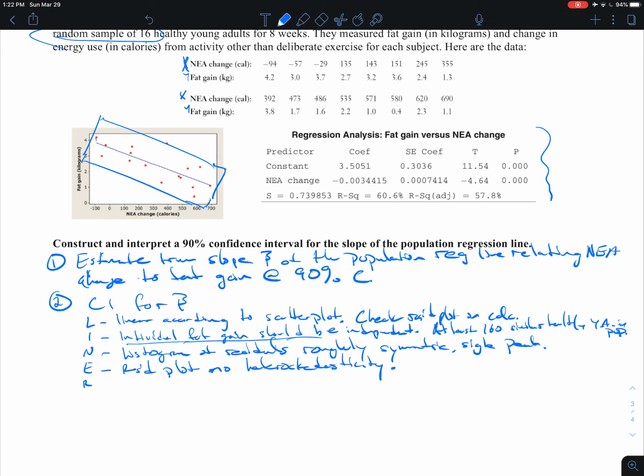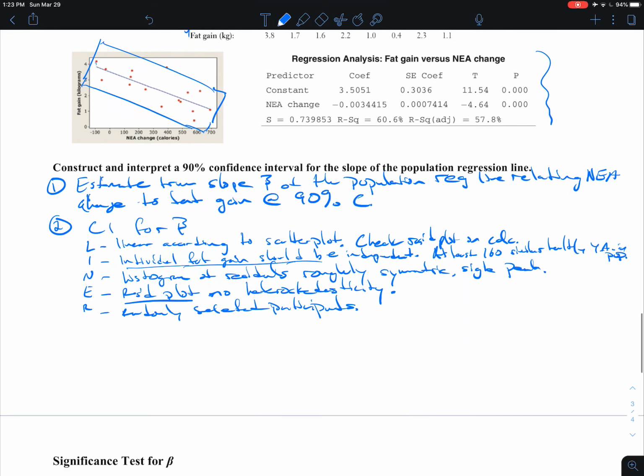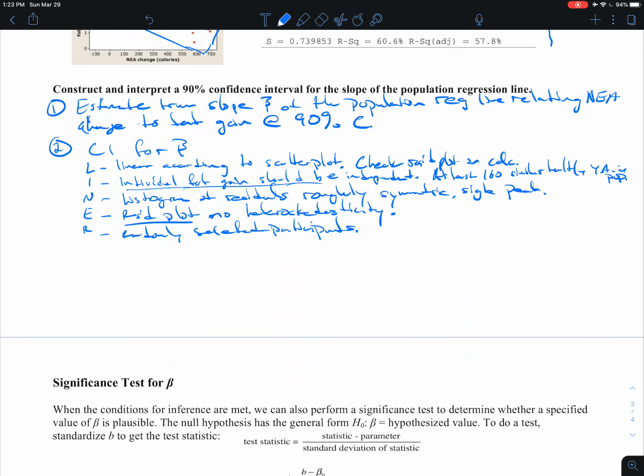But we'll show that on the calculator in the residual plot. And then lastly, they were randomly selected participants. And we'll move forward with all those conditions being met.